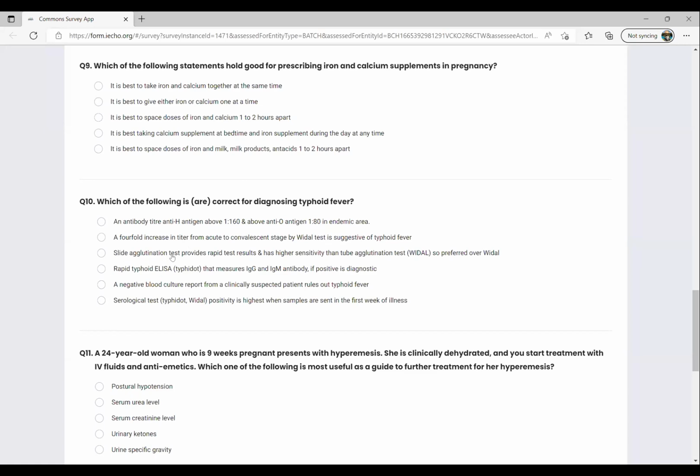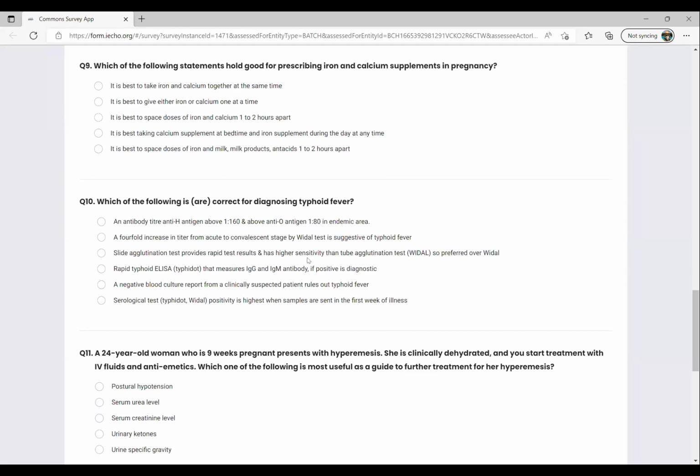The slide agglutination test is a very common rapid test which is available, and very often the diagnosis is made based on this rapid typhoid test. Typhi-dot is a very common test. Again, the false positivity of these tests is very high, and sensitivity is only 70%.